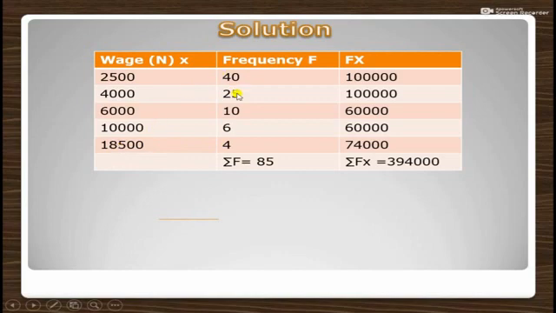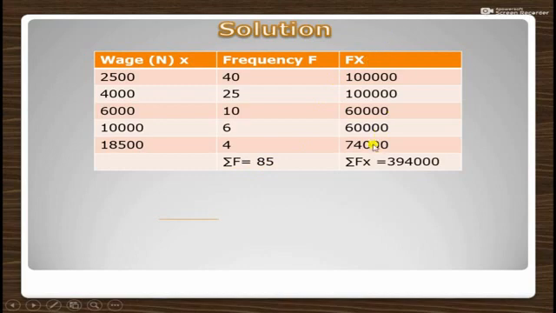This is what we have from the table. Then you add all these numbers together, and that will give you your summation of F. That is 40 plus 25 plus 10 plus 6 plus 4, and that will give you 85. That means your summation of F is equal to 85.